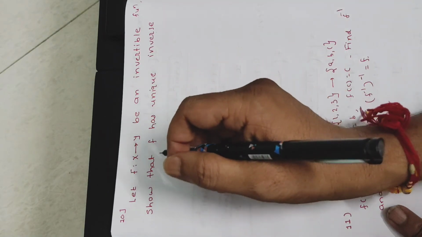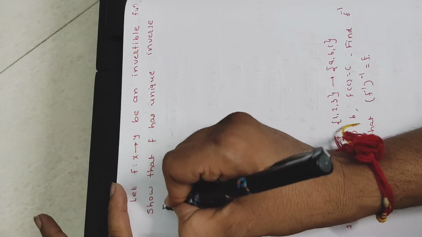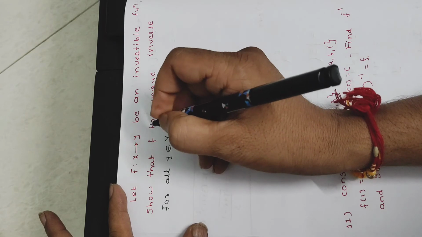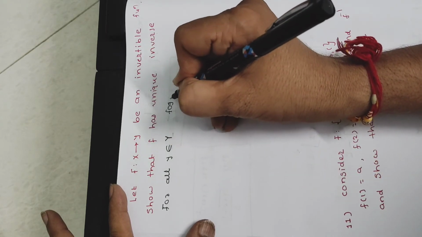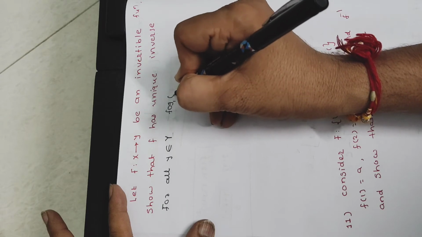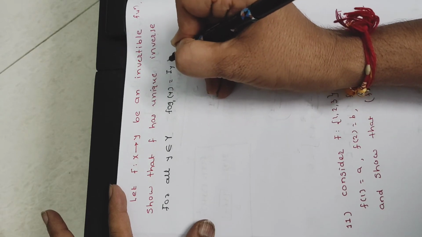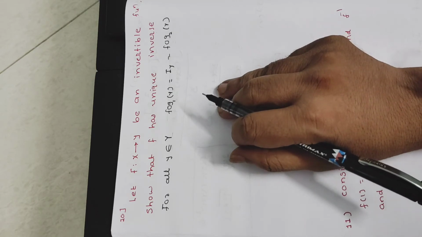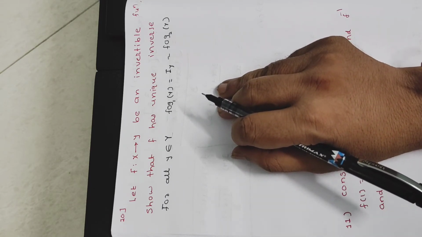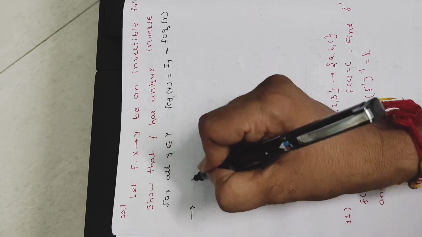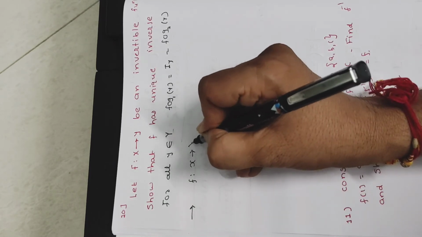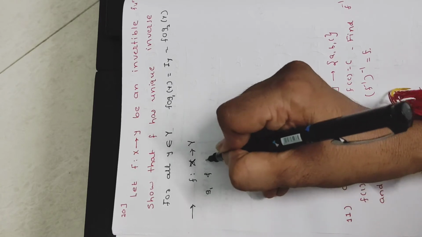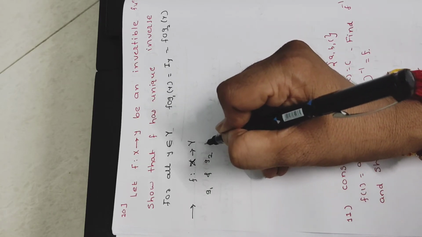So I have to show that for all y belonging to capital Y, f∘g1(y) = I_Y(y) = f∘g2(y), and the function is one-one. First, f is from X to Y, with g1 and g2. Suppose I have to prove that the inverse is unique.